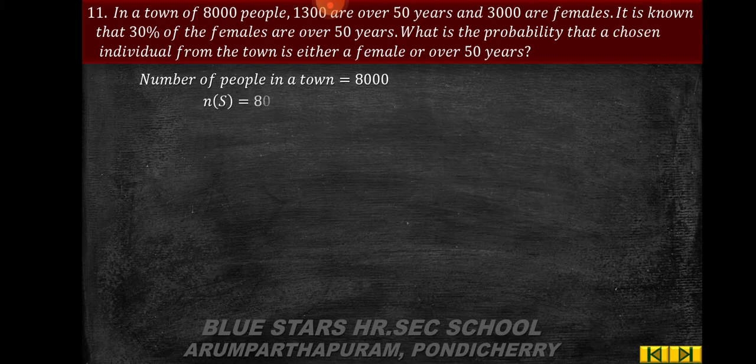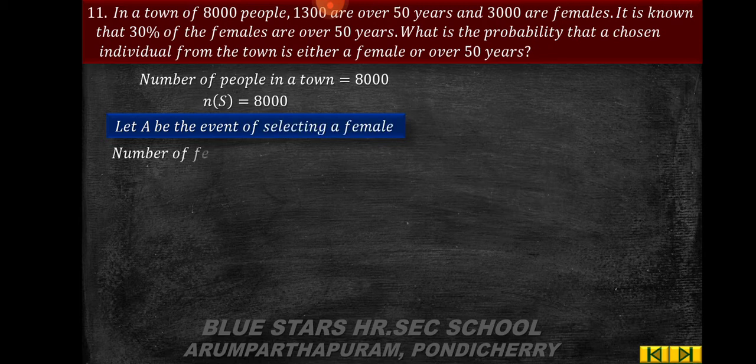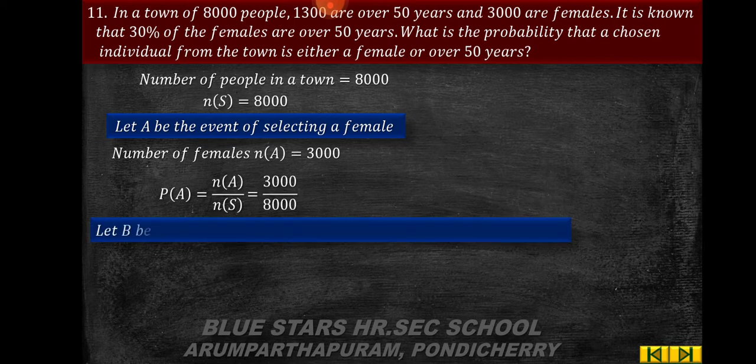Number of people in the town is equal to 8,000, that is N of S is equal to 8,000. Let A be the event of selecting a female. So the number of females N of A is equal to 3,000. So P of A is equal to N of A by N of S is equal to 3000 by 8000 is equal to 3 by 8.